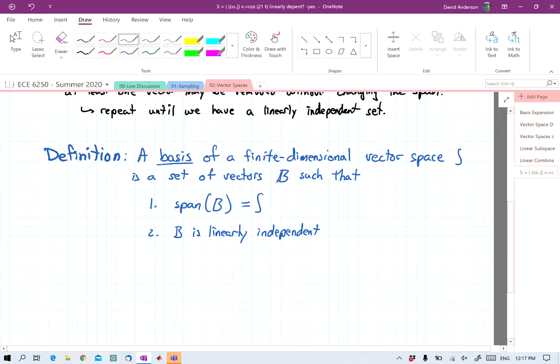So this second condition here, we can start with any number of vectors that span S, and we can continue to winnow those down until we have a linearly independent set.